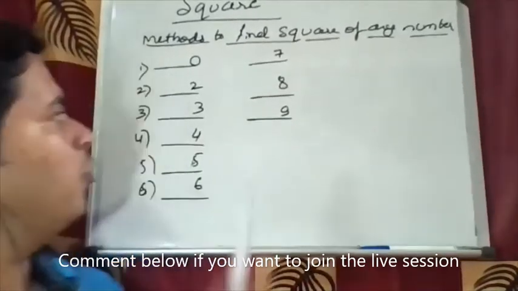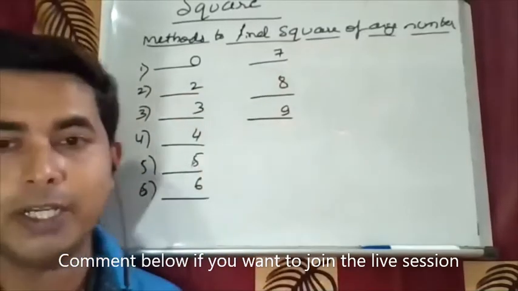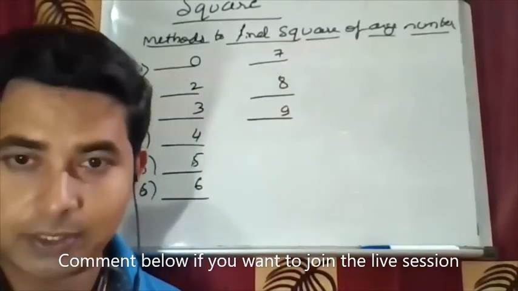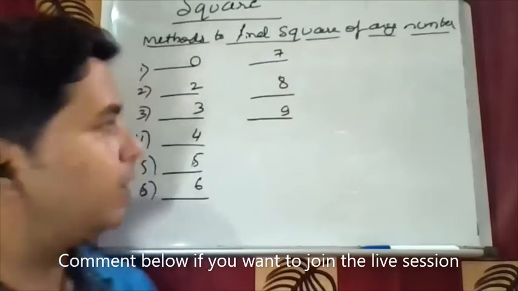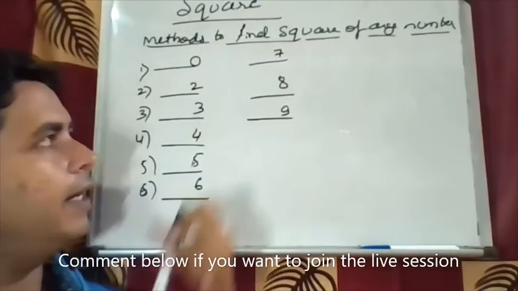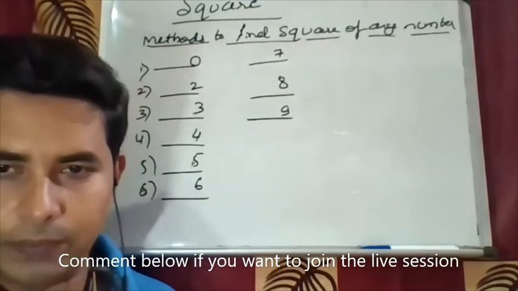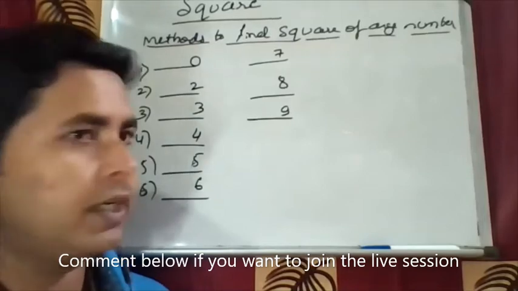If you know all these rules, based on the unit digit, how to identify what the square number will be, it is very easy to find any number's square value.